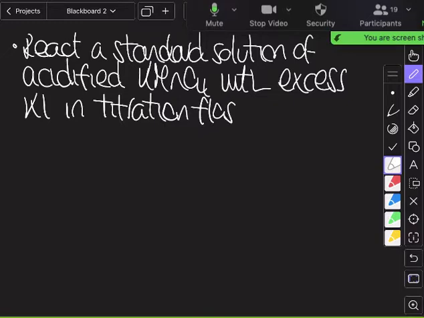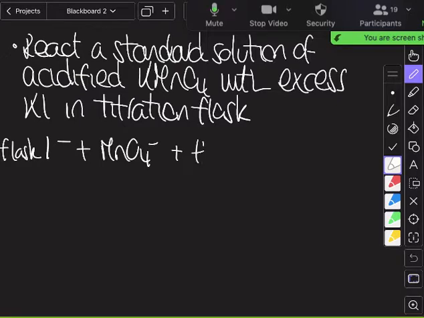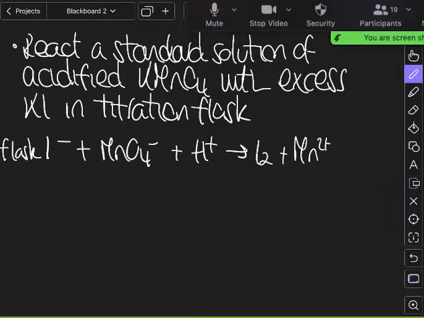We would do this as we're setting up our titration, so it's one of the steps that we do. So this would be in the flask, this is the equation. So you have it here, I minus plus MnO4 minus plus H plus goes to I2 plus Mn2 plus plus H2O. Do you want to balance this for practice?